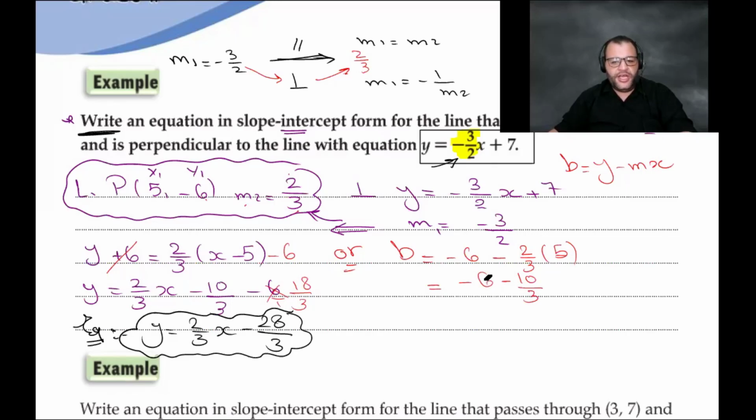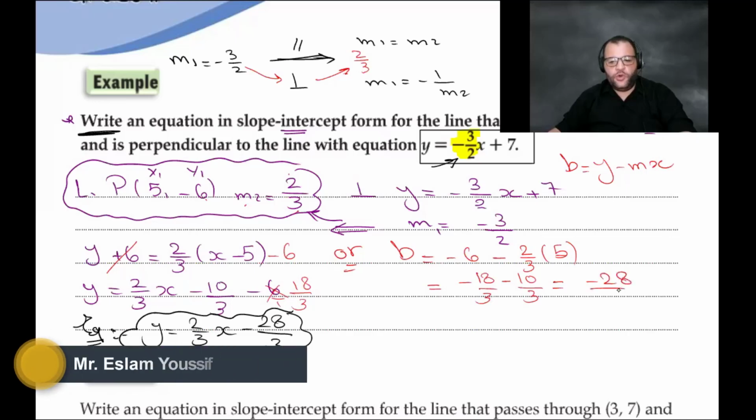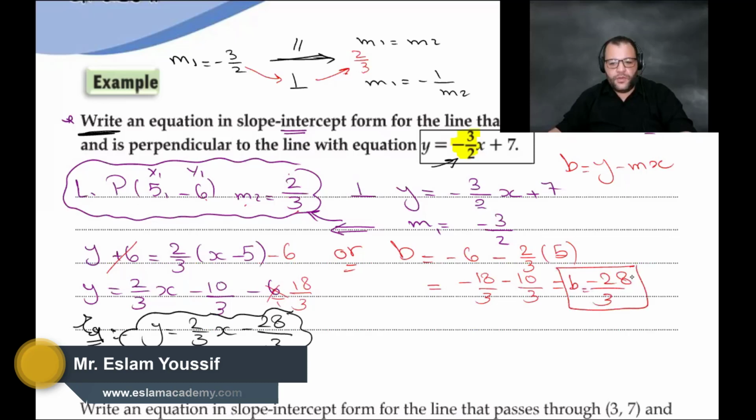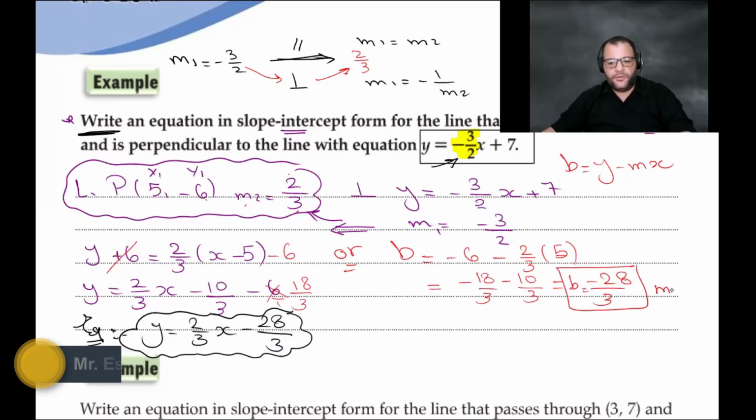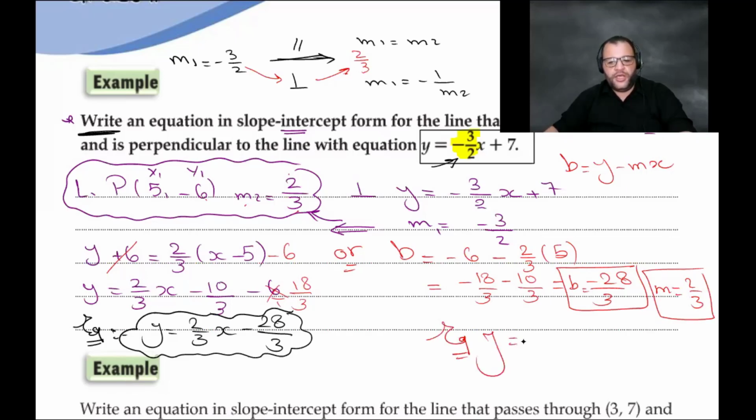Negative 6 is negative 18 over 3. So now it will be negative 28 over 3. That's what we find for b. And we have a slope equals 2 over 3. So the equation now will be y equals 2 over 3 x minus 28 over 3.